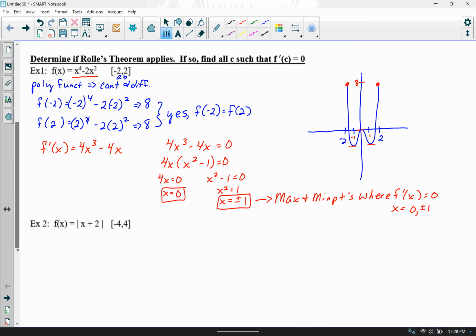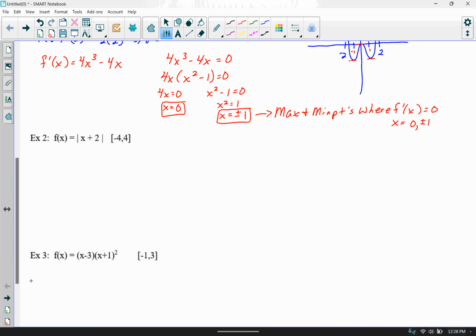All right, I'm going to scoot on down to example 2. In example 2, the absolute value function, you should be able to say, yep, that's continuous. The interval here is -4 to +4, so think about what this graph looks like. If I put in -4, I'm going to get -2, the absolute value of -2, which is +2.